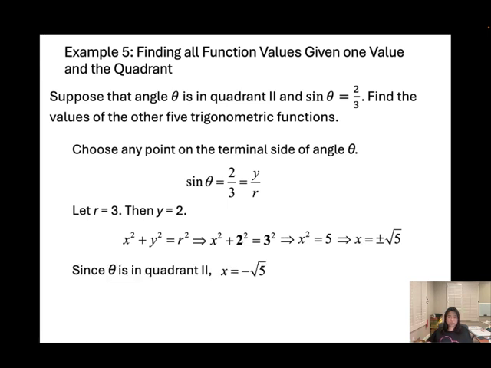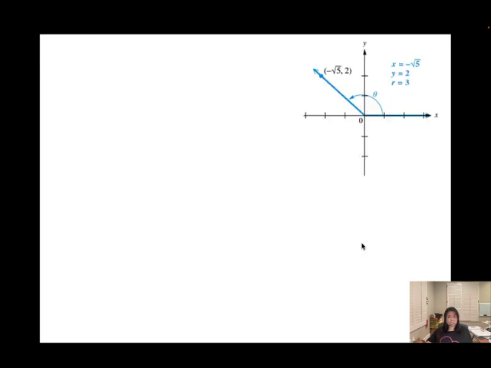So x is equal to negative square root of 5. We do have this picture here: x equal to negative square root of 5, y equal to 2, and r equal to 3.